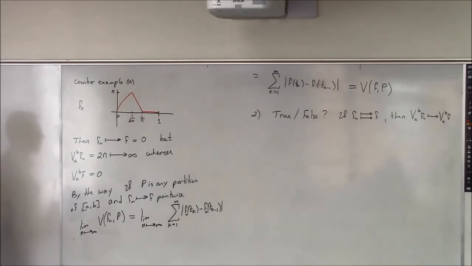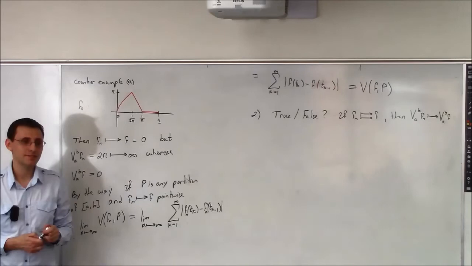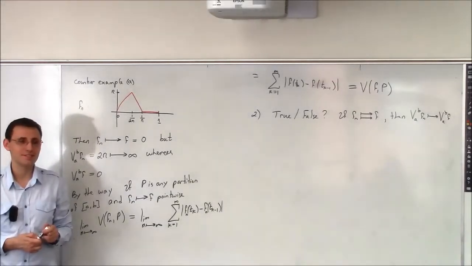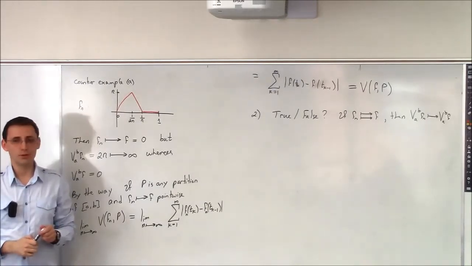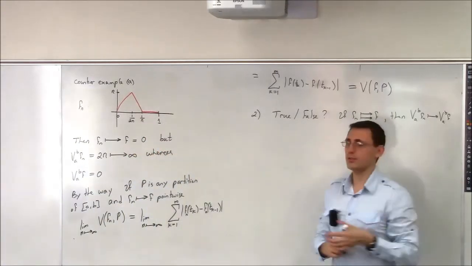Sorry, would it force more than that? Will it force convergence of variation? Yes? Who says yes? A lot of you, right? And if my counterexample is correct, you're wrong. And then I can tell you why.